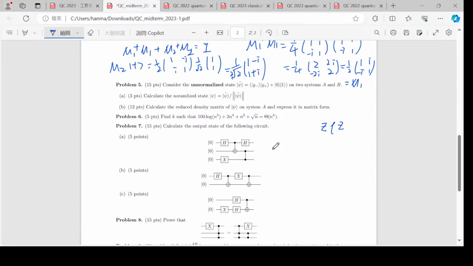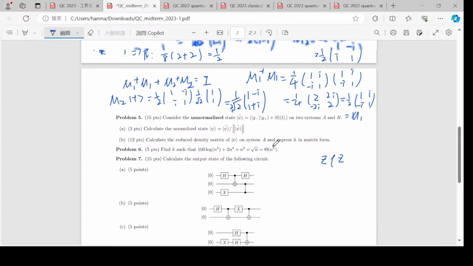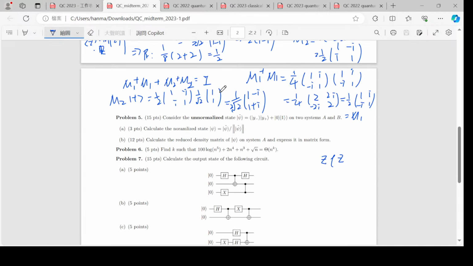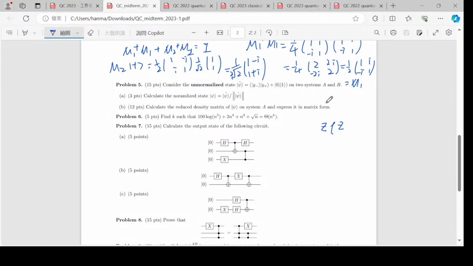Problem 5 is a lot of calculation, because the numbers are a bit ugly. So first we want to normalize the state. I think people mostly get this? Probably a lot of people got 3 points, I think. So to normalize, you want to calculate the inner product with itself.